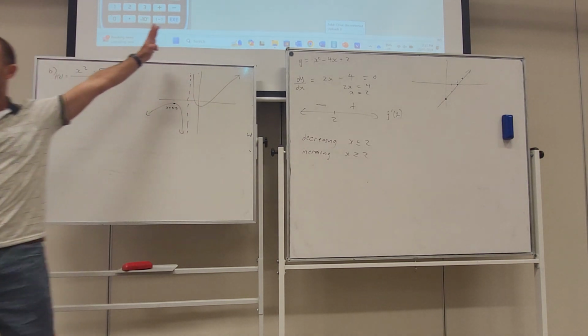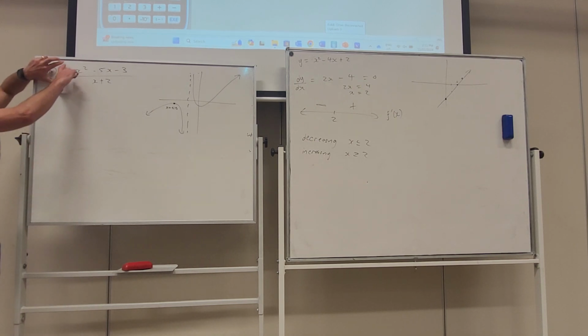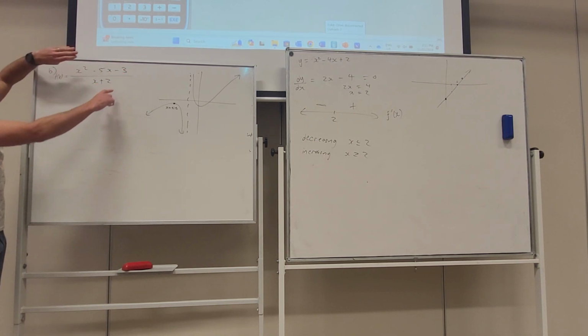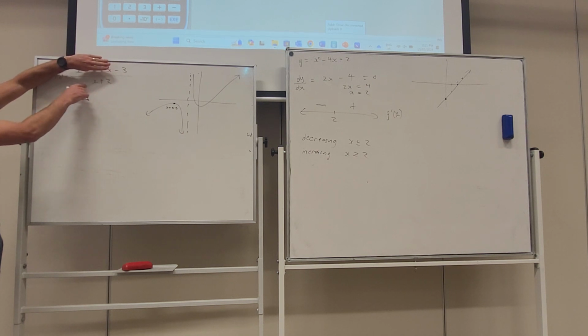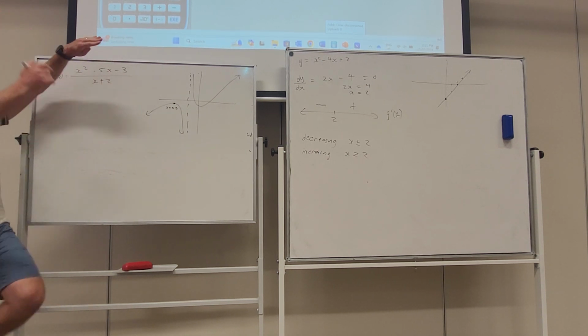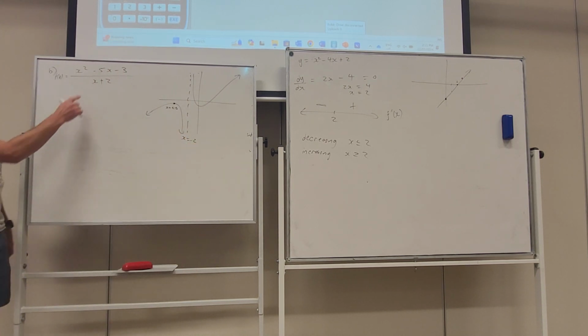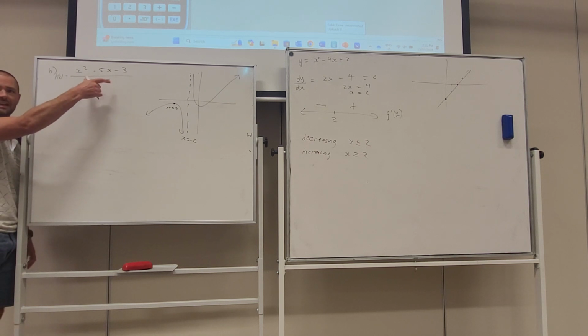Now, we can sort of see the asymptote on the graph, but we can also know there's going to be an asymptote here because asymptotes occur when the denominator is 0. So we have a vertical asymptote at x equals -2. If we put -2 into this equation, the denominator is 0.